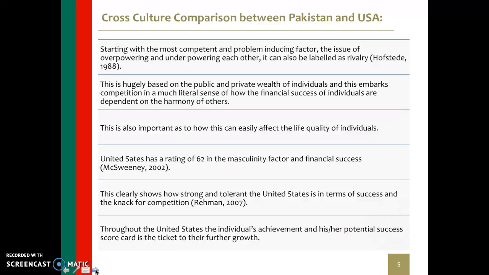There is a public and a private wealth of individuals, and whether it be putting up appearances or living into a legacy of a family or a group, it can really affect the harmony that is taking place between one another. It can affect the quality of individuals within that group. Just because the group is wealthy or the community is wealthy or the family is wealthy doesn't necessarily mean that it trickles down to certain individuals, but they are to hold up the appearance of the family wealth.